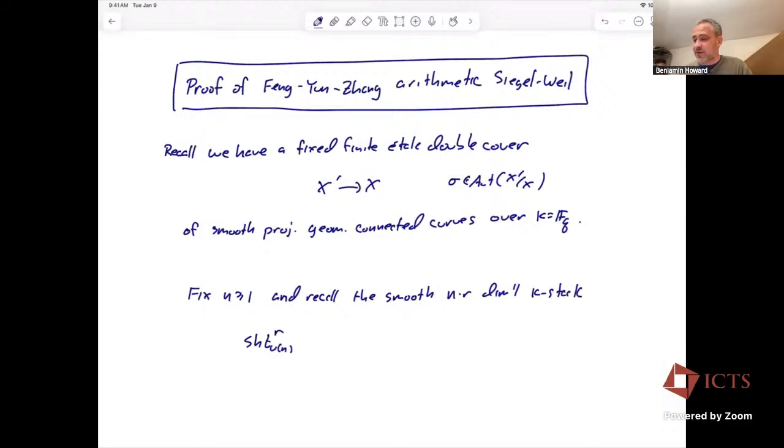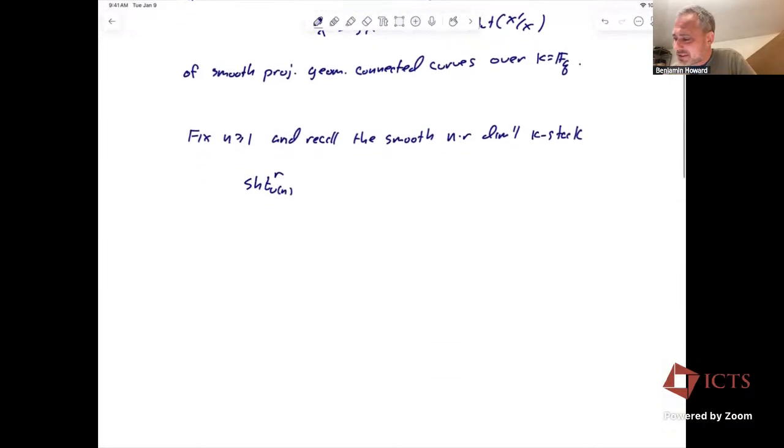So I won't remind you of the definition, but we have this. So if you look at Hermitian vector bundles of rank up to r on the curve, for every fixed rank d, we constructed special cycles in codimension r times d.